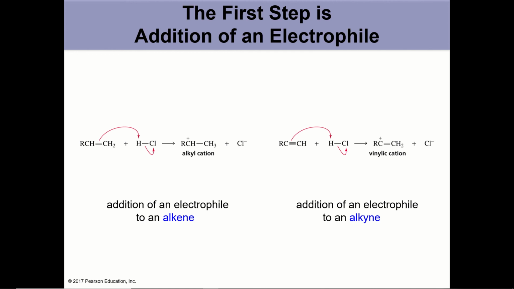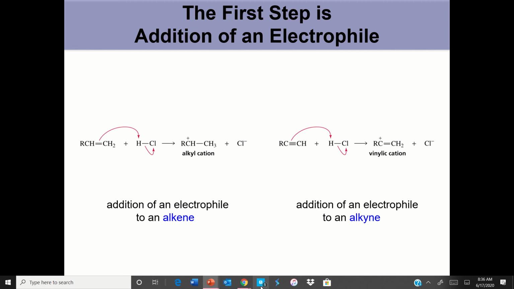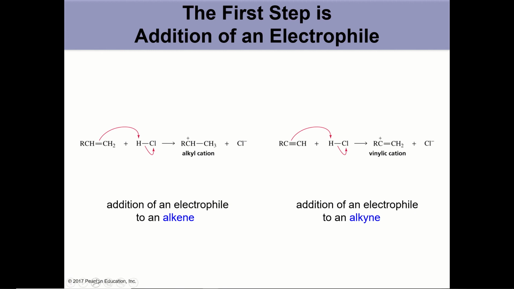All right, so the mechanism of addition. For an alkene, we saw that the mechanism was that the pi bond serves as electron donors to bond to hydrogen, and then the bond between H and Cl breaks and the electrons go to chlorine.